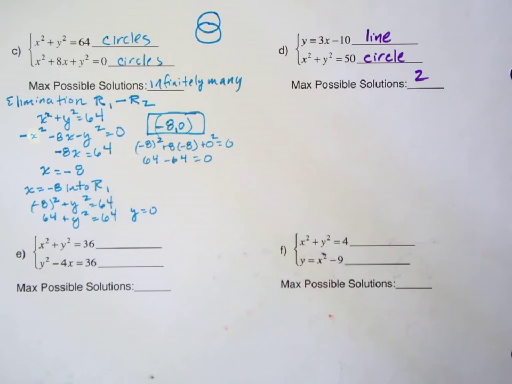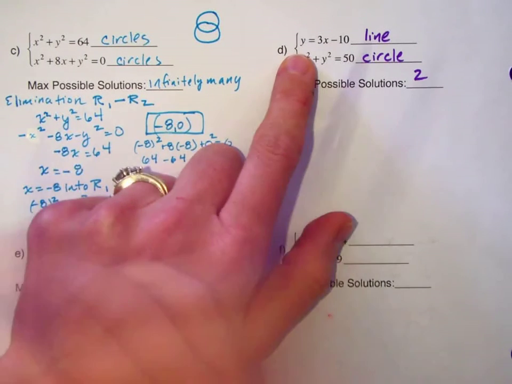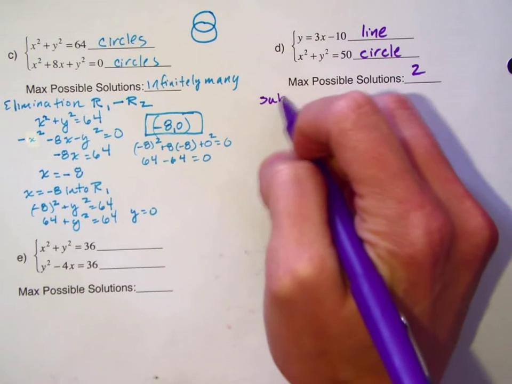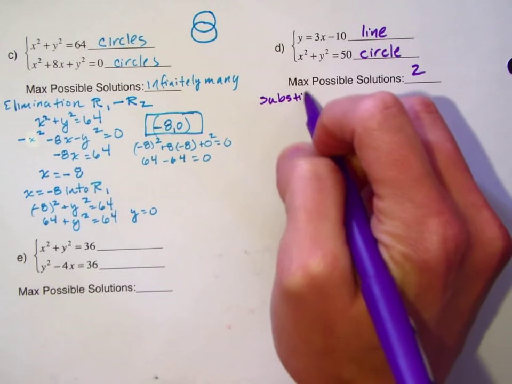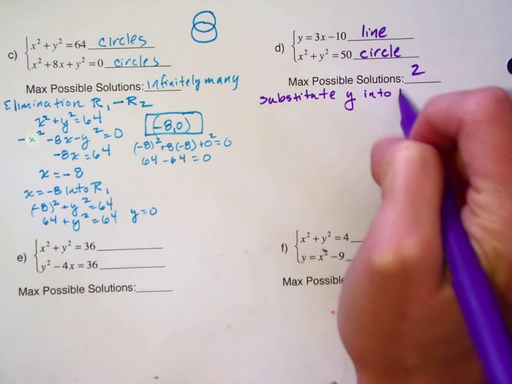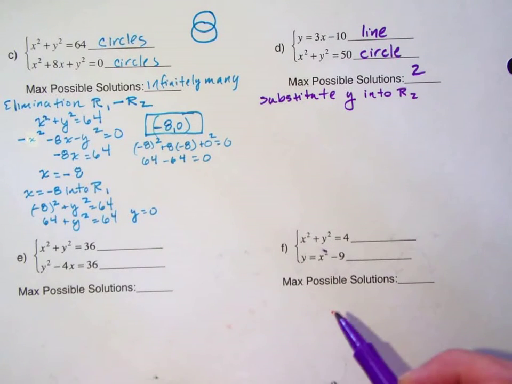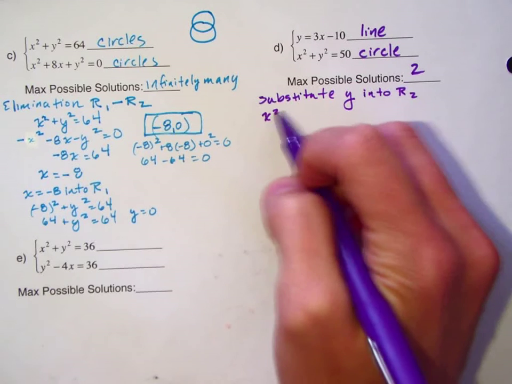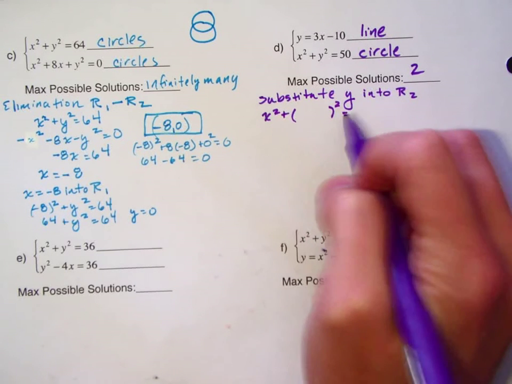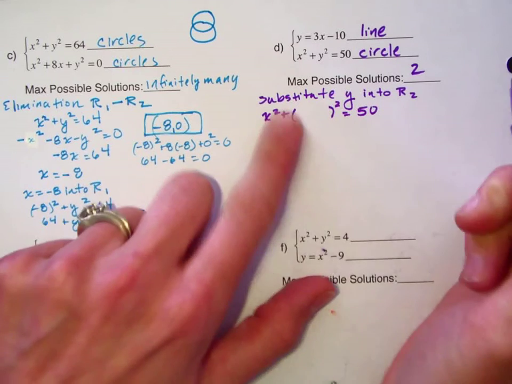Substitution, though, is excellent because I already have y solved for. So we are going to substitute y into row 2. So in row 2, I have x squared plus y squared equals 50, but what is y?